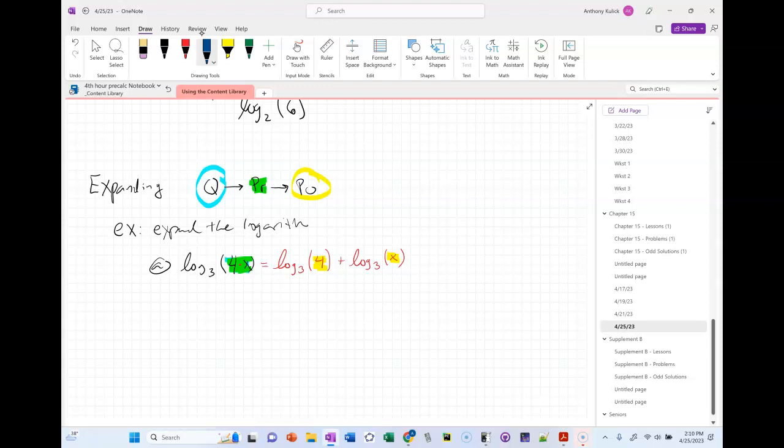So how can I rewrite 4 so that it has an exponent? 2 squared. Yeah, that'll do. So there I can use the power property on 2 squared. The exponent inside the logarithm becomes a coefficient outside the logarithm, and then everything else just stays the same. So this would be my final answer.